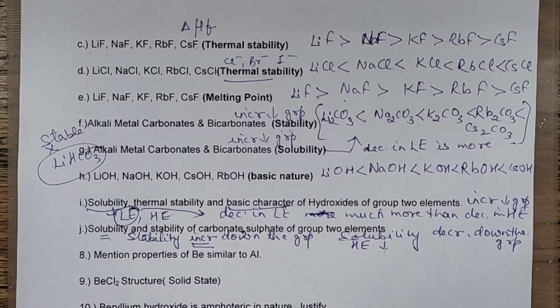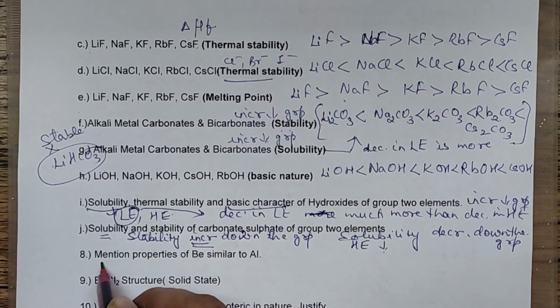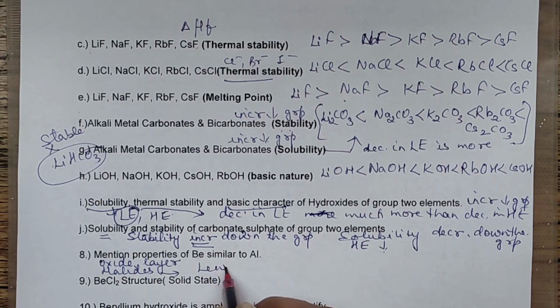Right? Then mention properties of beryllium similar to aluminium. You can make note of those properties which are similar, like both form a protective oxide layer. Both have halides which are Lewis acids, as their octet is incomplete.